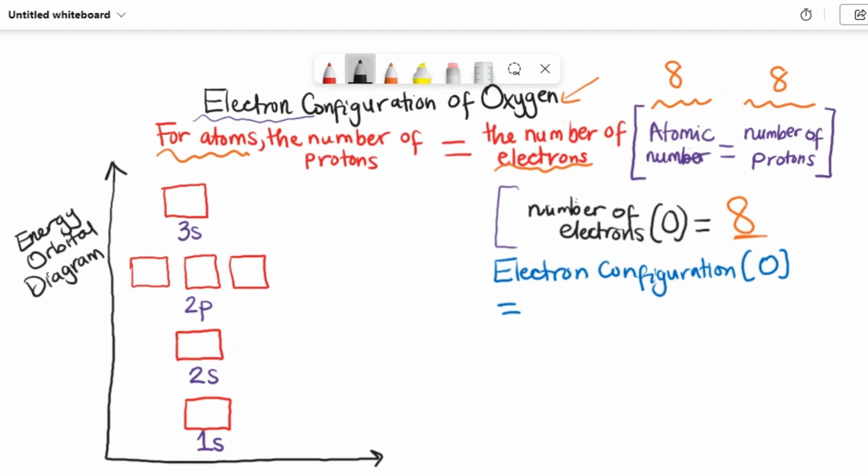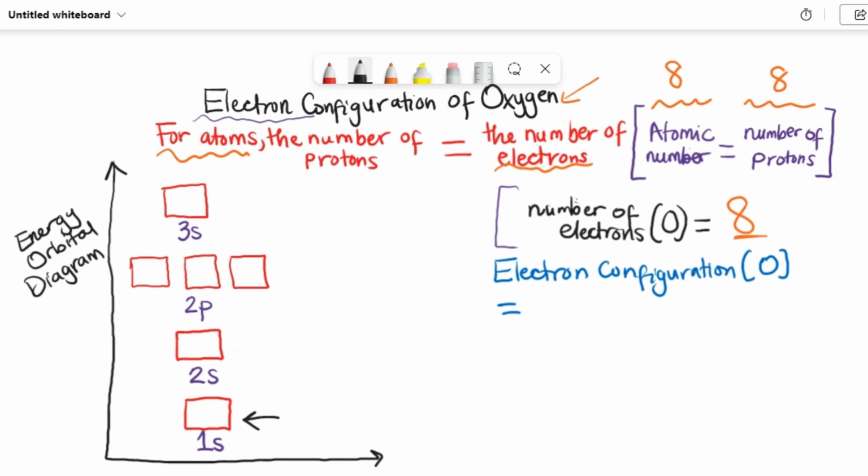The next thing we have to do is to look at the energy orbital diagram. The energy orbital diagram is the diagram that is used in order for us to determine the electron configuration. And we start from the lowest energy orbital, which is 1s, to 2s to 2p. We basically start from the lowest until all 8 electrons of oxygen are used up. So we start from the bottom.